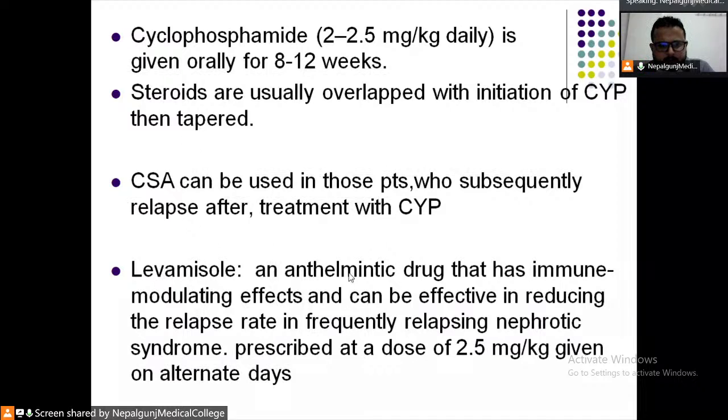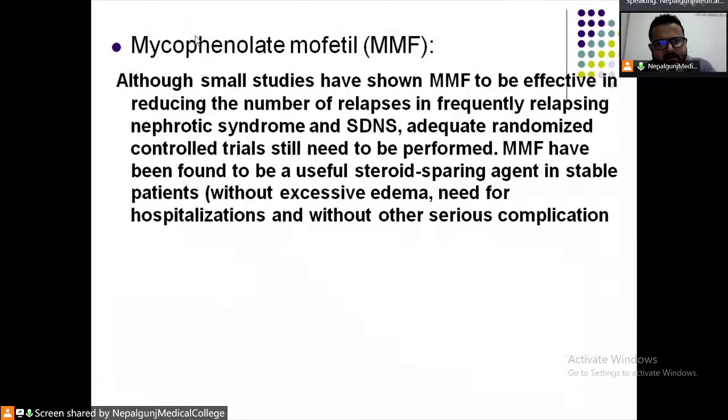Another agent is levamisole. It is an anti-helminthic drug that has immune modulating effect and can be effective in reducing the relapse rate in frequently relapsing nephrotic syndrome. The dose is 2.5 milligram per kg given on alternate days. Another agent is mycophenolate mofetil.